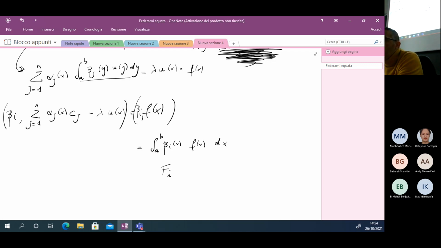These are actually n numbers, because i is the index of beta i, and I have n betas. You remember, the sum goes from 1 to n. So I have n different betas. Is it clear?